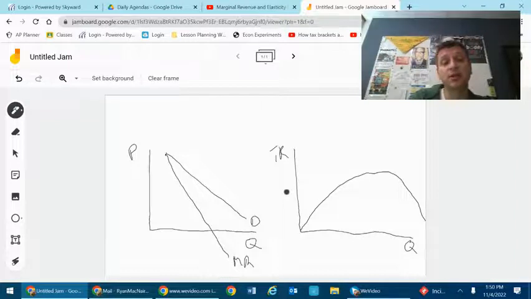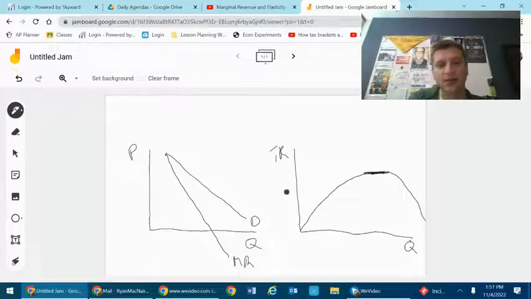And that's because your marginal revenue adds together. That means your total revenue needs to be increasing at a decreasing rate. Since your marginal revenue is positive, it's increasing total revenue the entire time. However, it's doing it by less and less and less until it flatlines right here.